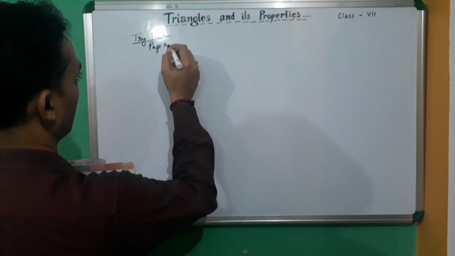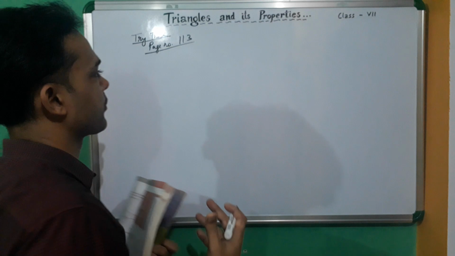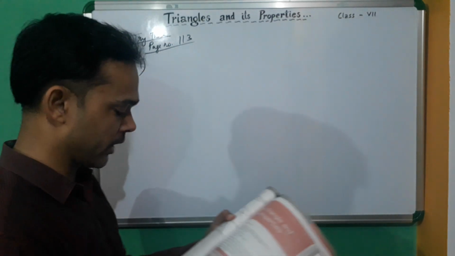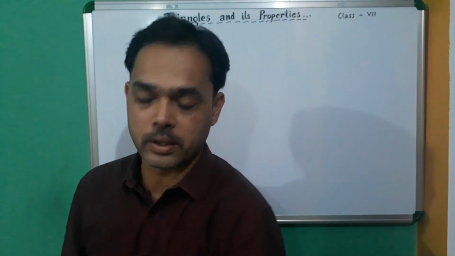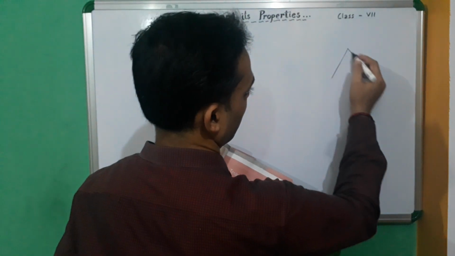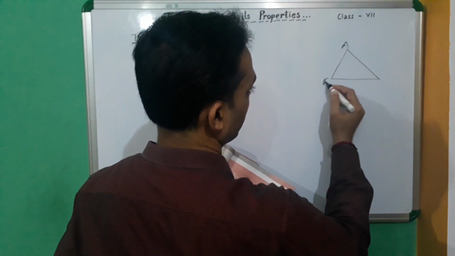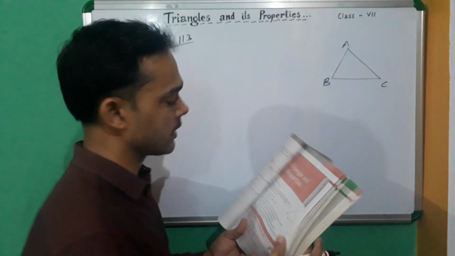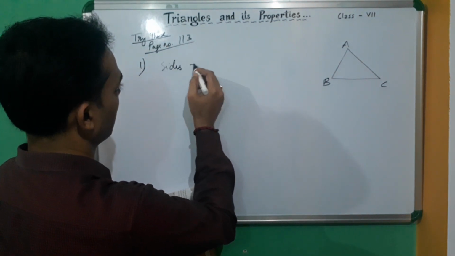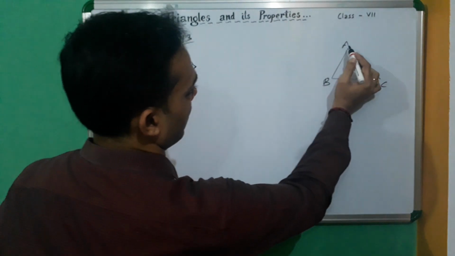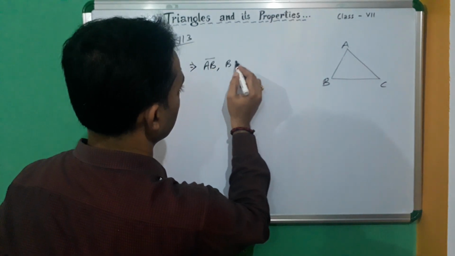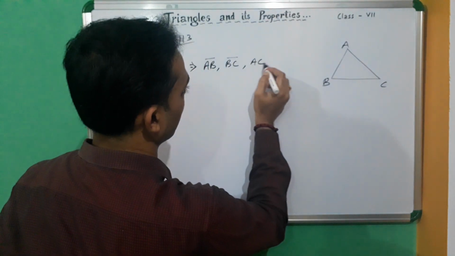Page number 113. Over here what is said in question number 1 is that you have to mention 6 elements, and those 6 elements are the 3 sides and 3 angles of triangle ABC. So the sides over here are AB, then BC, and then AC.